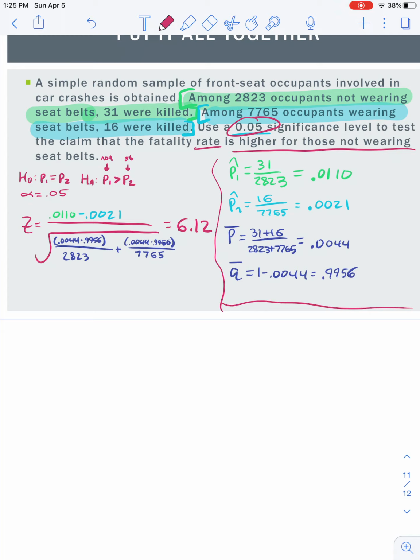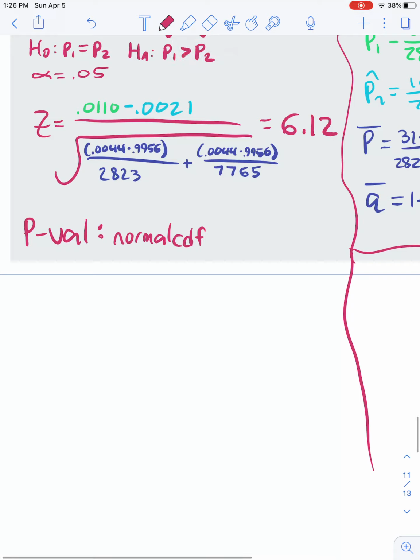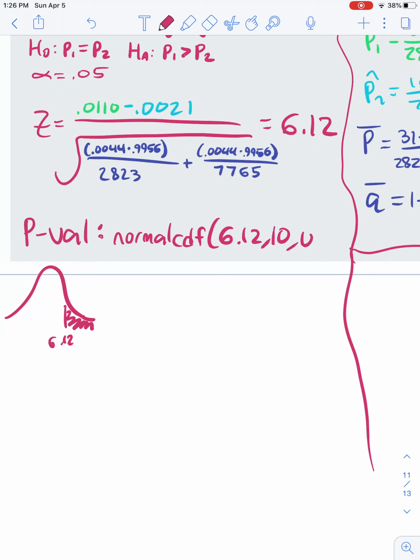Okay, tucking this little side information off to the side and just keep going here. My p-value, because this is a greater than, we're going to go to the right, so it's going to be normal CDF. We start with the Z since we're going to the right. I'm going from 6.12 off to the right, to infinity, which we call 10.